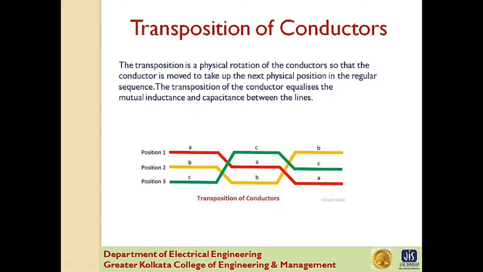Now the transposition method: the transposition of the line can be done by placing one-third segment of all three phase conductors in the same line. The transposition balances the capacitance of the line, due to which voltages are balanced.